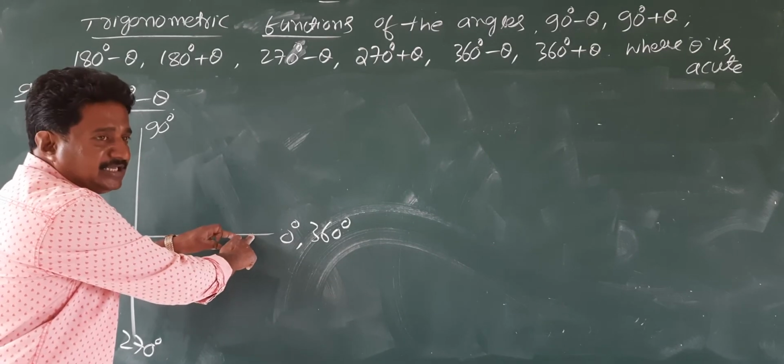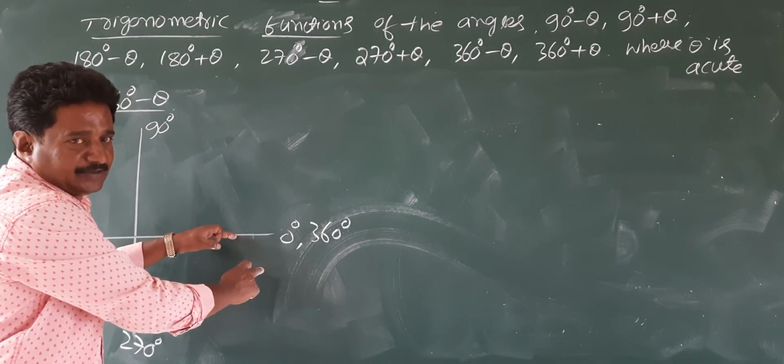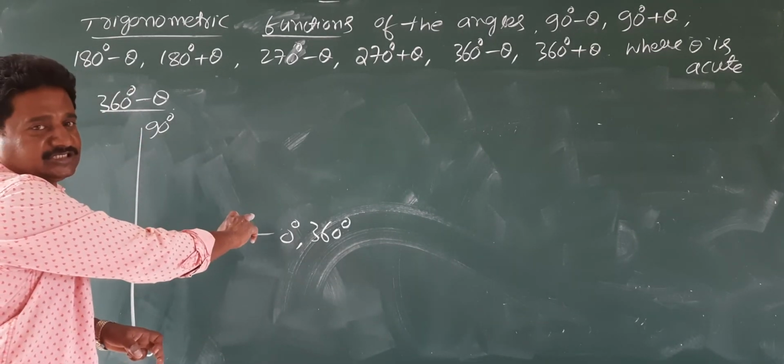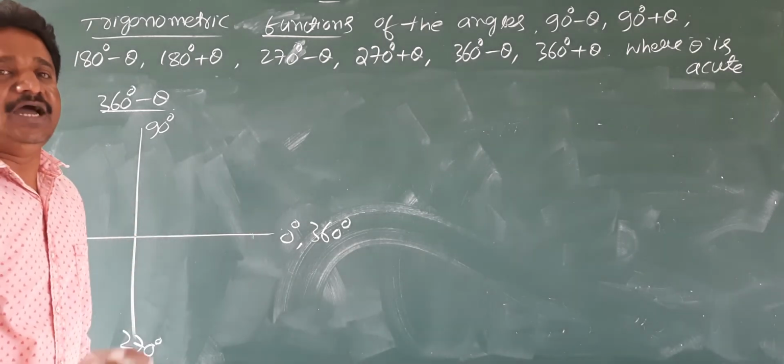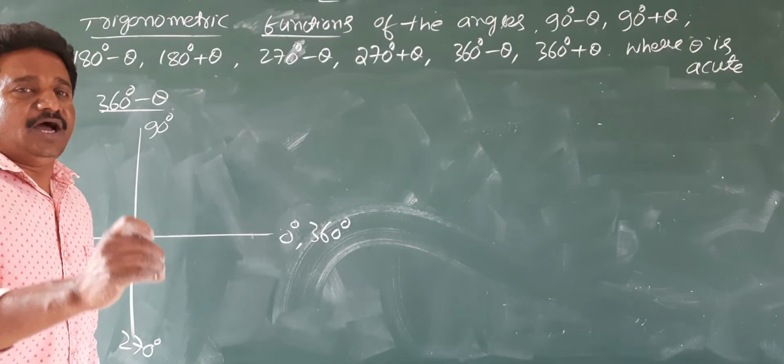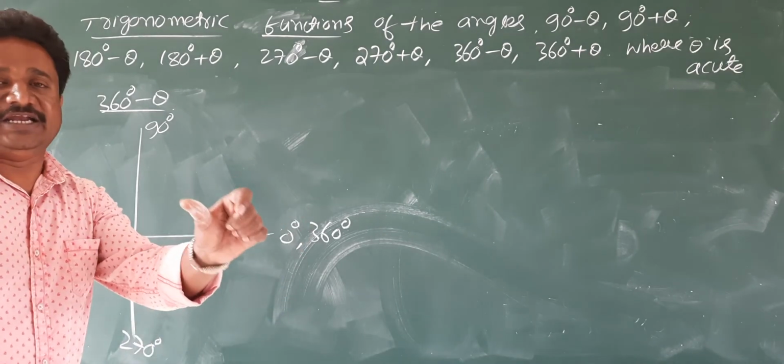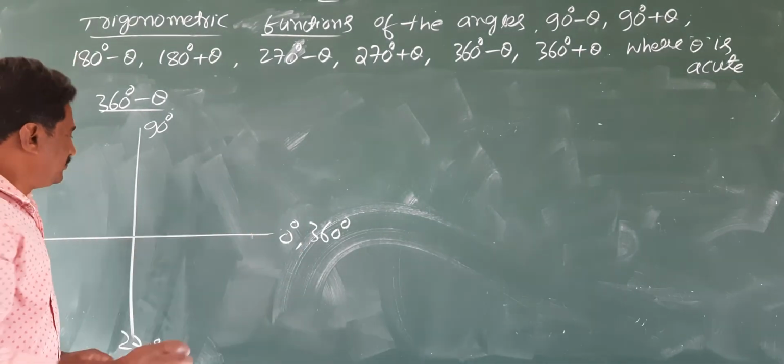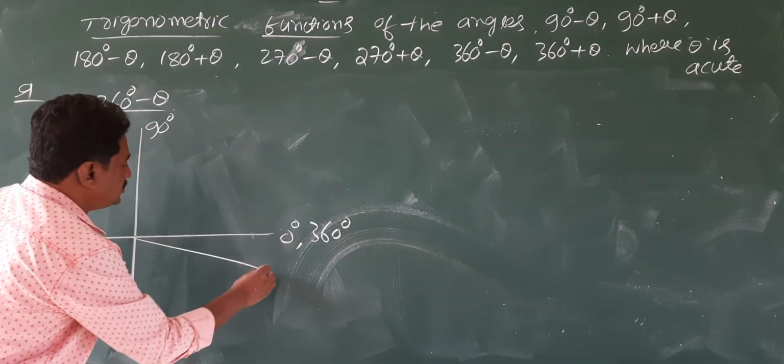Though it is 360, subtract theta from that. One full round becomes 360. Minus theta means I should go down for the theta. So this is 360 minus theta.